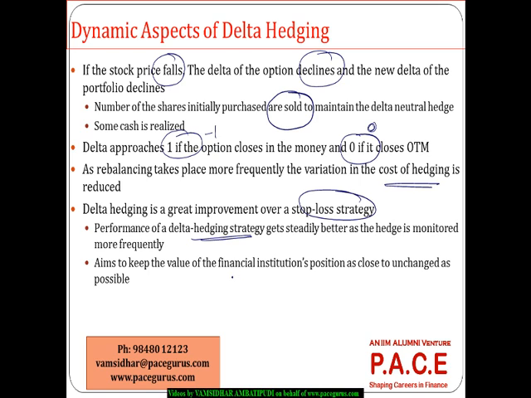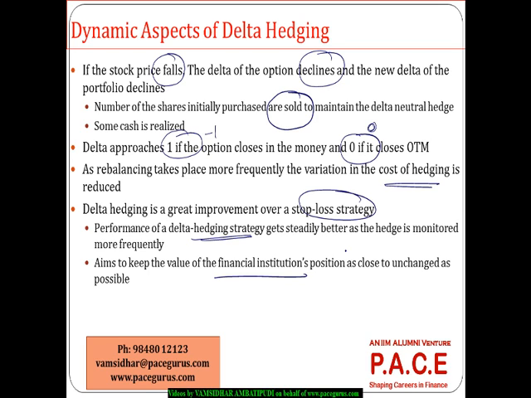And the major aim that is accomplished by delta hedging is that the value of the position is coming closer and closer to unchanged to a large extent. Whatever is the change in delta that is coming, the position is getting adjusted immediately. So that is one advantage, whereas with stop loss, only when it has moved above K or below K are we taking an action.